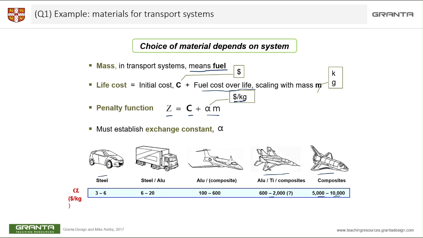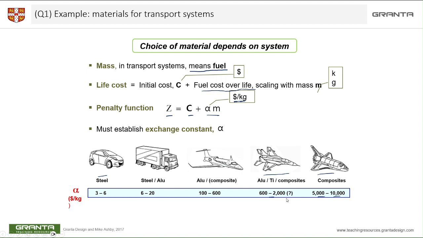So what I'm trying to say here is that if you work out the exchange constant for these kinds of scenarios, typically the exchange constant for a commuter car comes to be around 3 to 6. For a transport vehicle, because now it's transporting heavy goods and it's much bigger in size, you're talking about 6 to 20, and the material choices change accordingly. For a commercial aircraft carrying passengers, it's in the range of 100 to 600. And for a jet fighter, it's between 600 and 2000, obviously depending on your performance requirement.